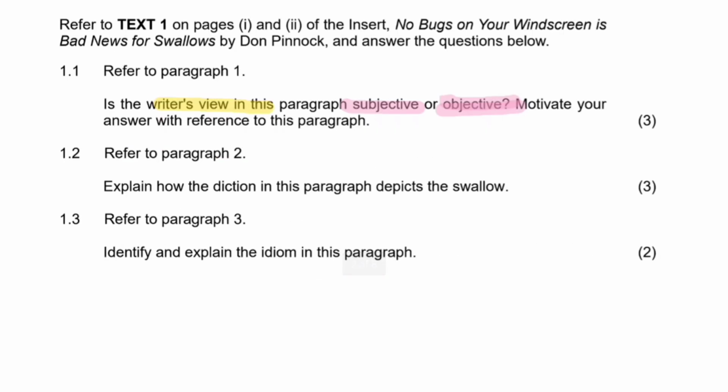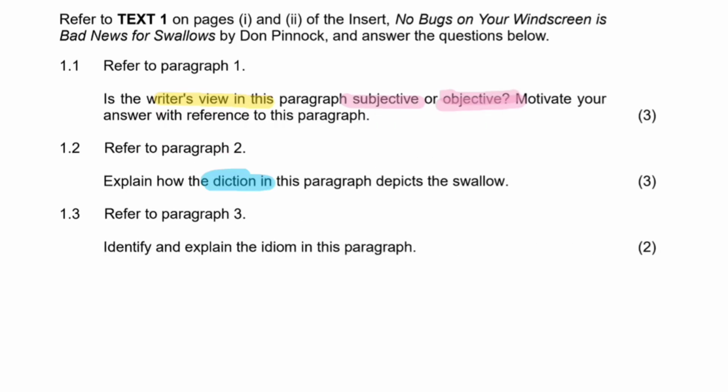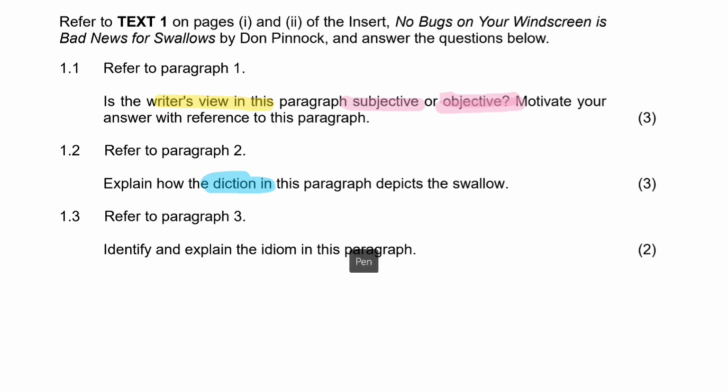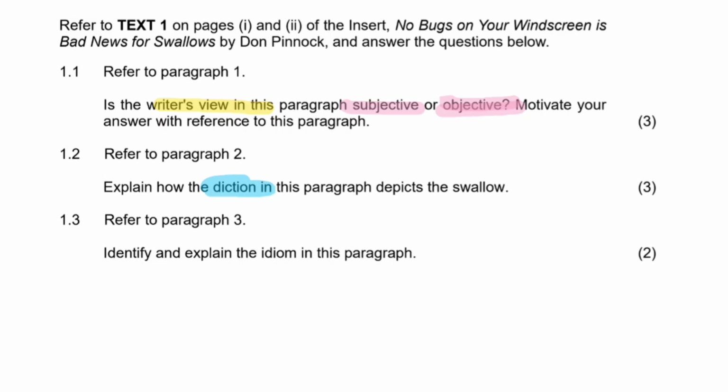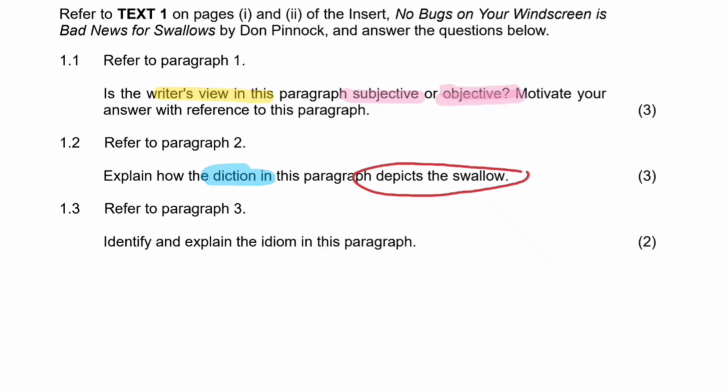The next question we have: explain how the diction in this paragraph depicts the swallow. You must go to the paragraph and look out for words and phrases that tell us something about the swallow. The writer makes use of specific words to influence us, the readers, to perceive the swallows the way that the writer wants us to perceive them.